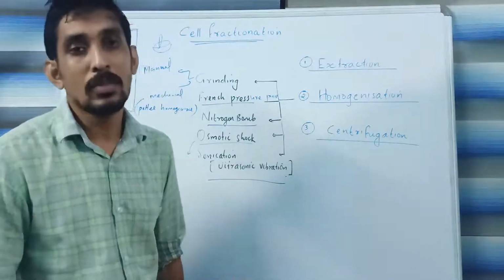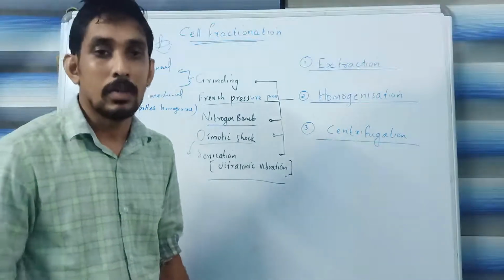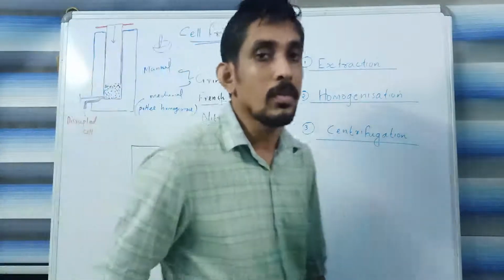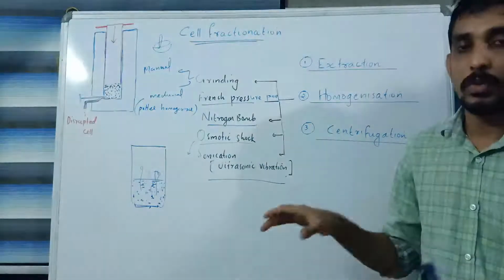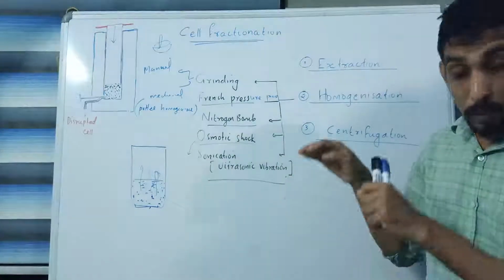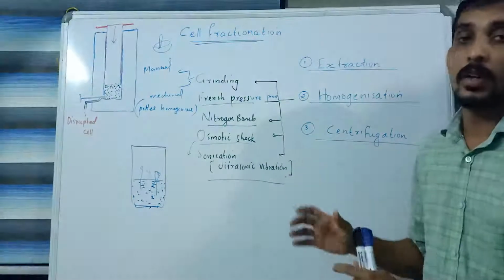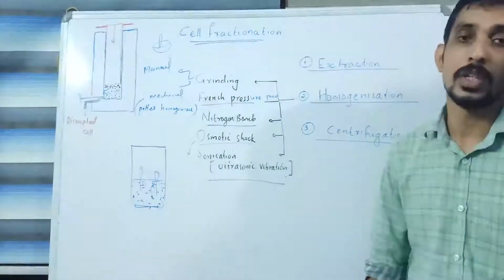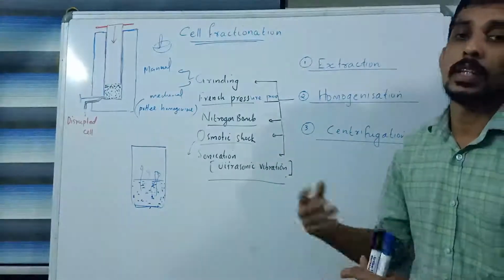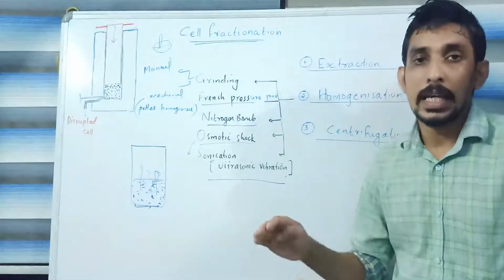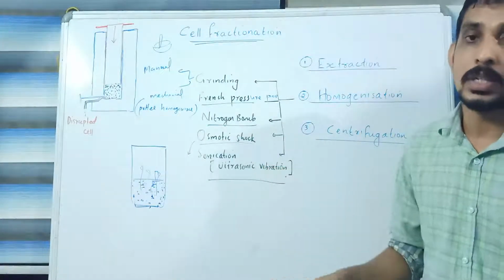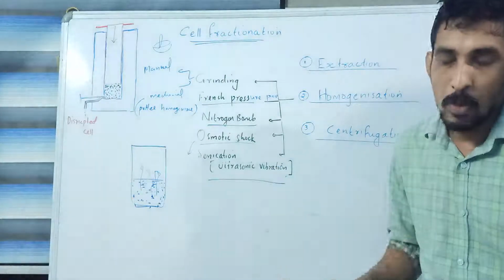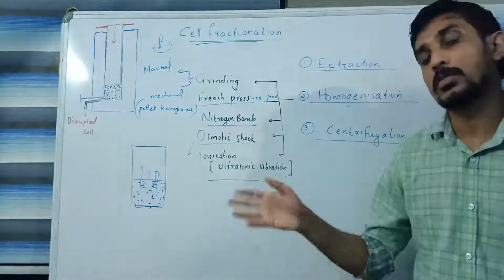So different kinds of parameters are responsible for the centrifugation process, and each cell organelle has a definite sedimentation coefficient. Based on their sedimentation coefficient, they get deposited at the bottom of the test tube in the form of a small pellet.